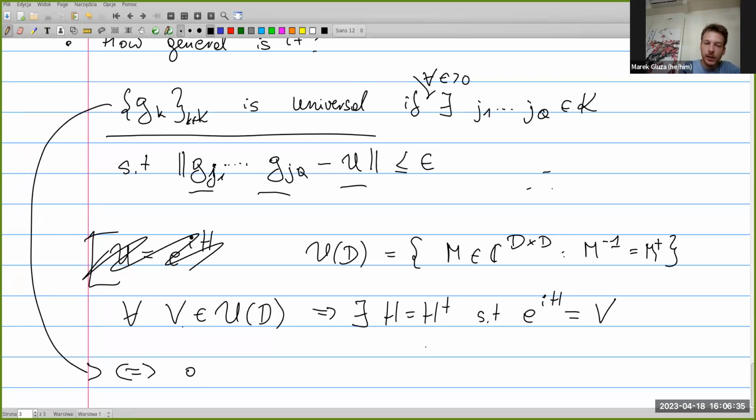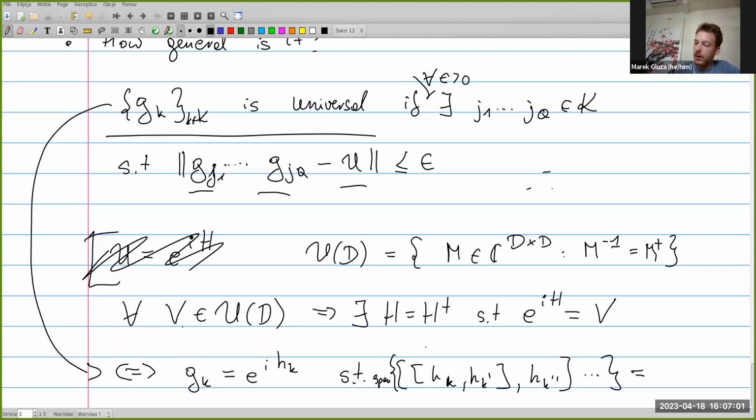Equivalently, if G_K is of the form e to the iH_K, such that the commutator algebra, so H_K prime, if I keep nesting this and so on, the span of all such nested commutators becomes all Hermitian matrices d-dimensional.